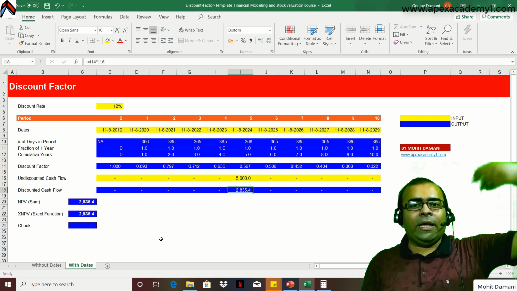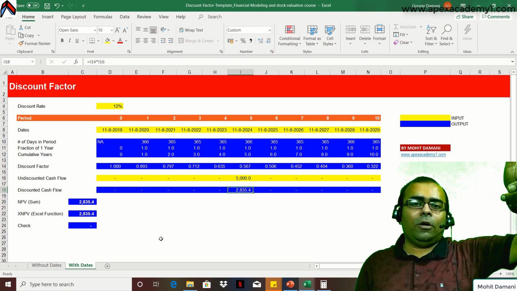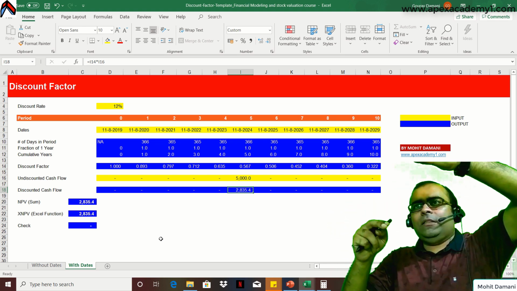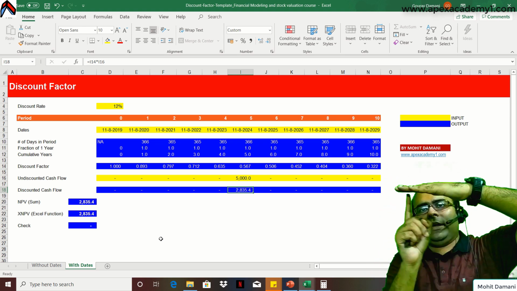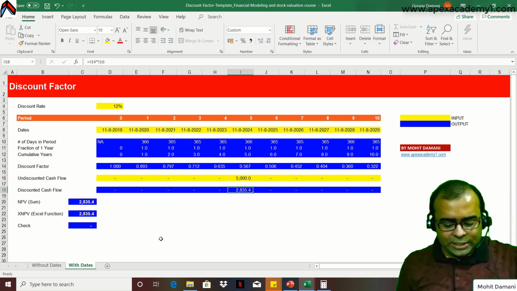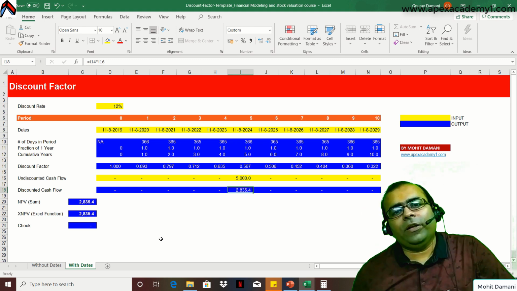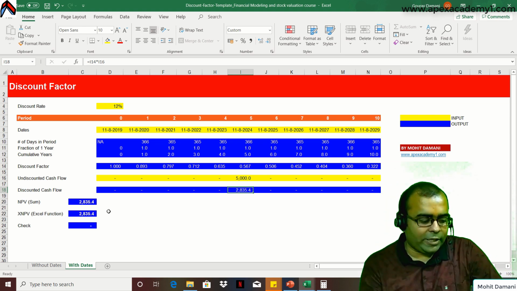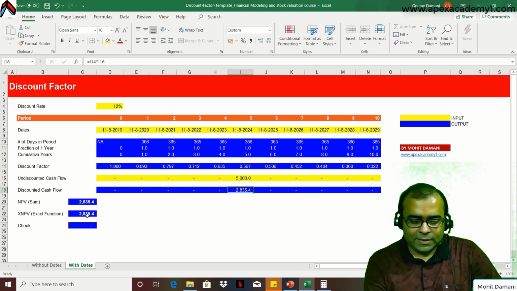Had it been compounding, the ending amount would have been higher for those 2 days, but you are discounting it for extra 2 days. So in the version without dates, from the 5th year to the 0th year, you have brought it till here. But this time you are discounting it for that extra 2 days, so you will get a very minimal but lower amount, and that's what is getting reflected over here. Okay, I hope the concept is clear.